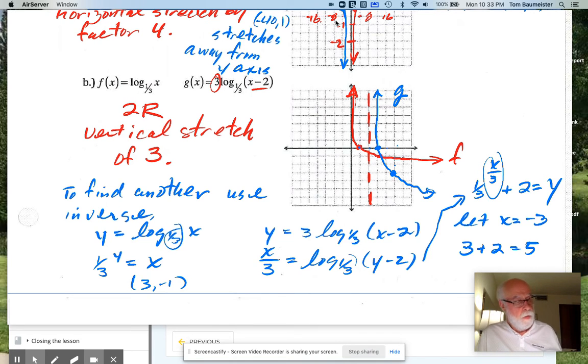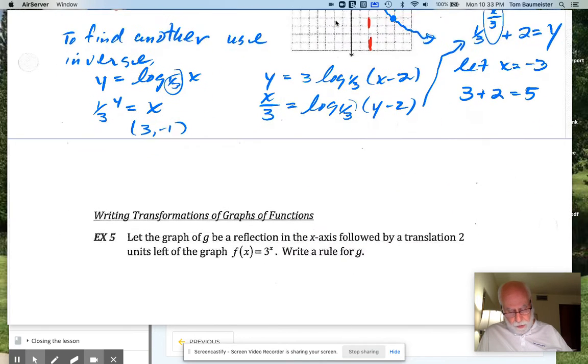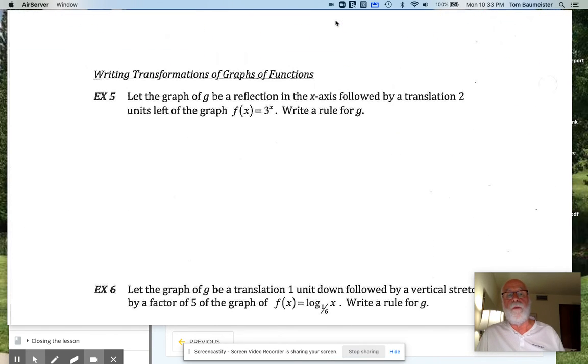All right. So let's go to the ones that you can do, which is writing transformations of graphs of functions. So again, let the graph of g be a reflection in the x-axis. So in the x-axis. So that's the first thing they want us to do. So we have f of x is equal to 3 raised to the x power.